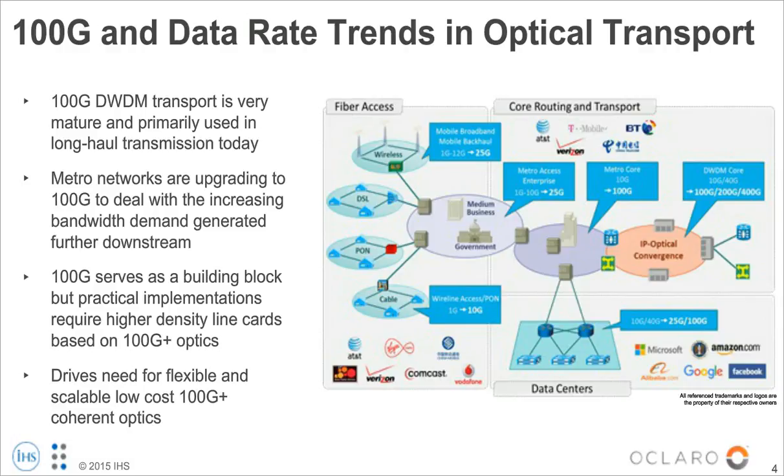And that's really what we're going to be talking about in the future slides. But we also see that the requirements for 100G in the metro are somewhat different from the requirements in the DWDM long-haul network. So we'll talk about what we can do there and how we get to more flexible solutions that can scale to the requirements of the metro.